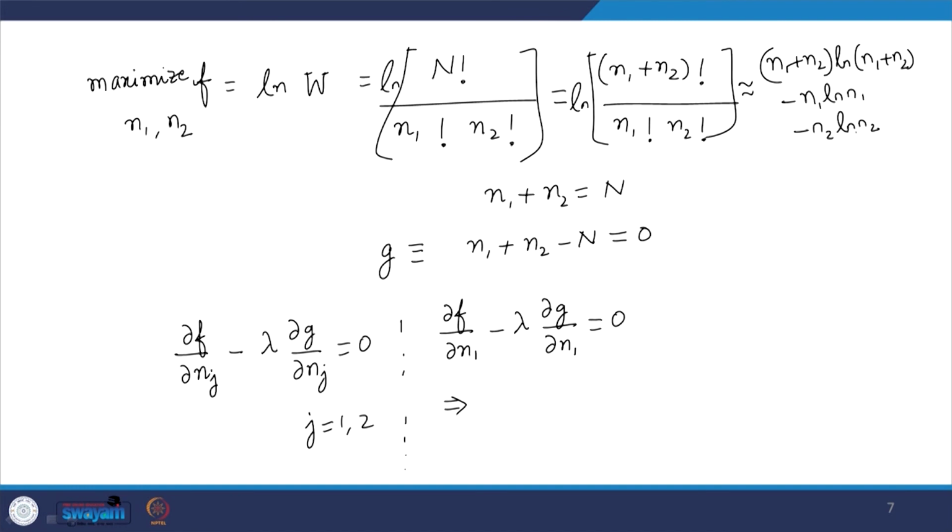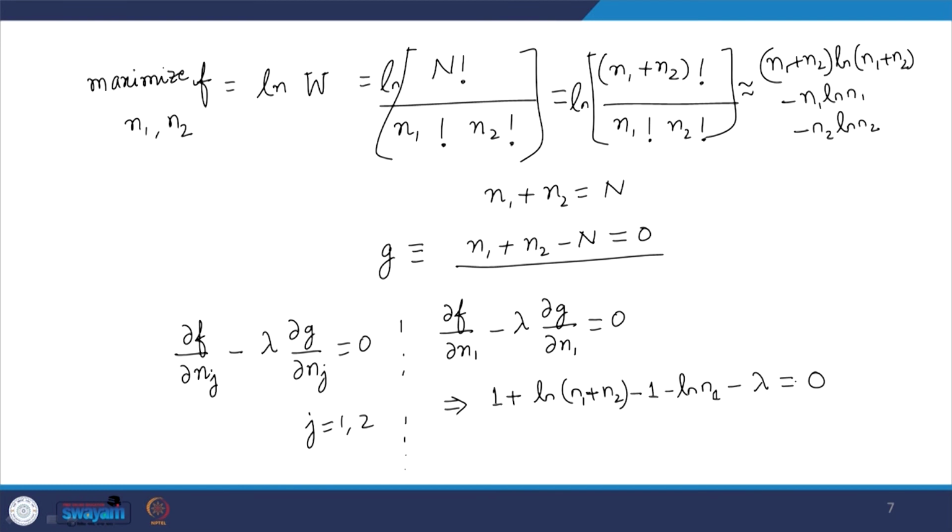Keep in mind that there was one more term there that got cancelled, and then you can do this and you will find that it will be equal to 1 plus ln n1 plus n2 minus 1 minus ln n1, that is my dou f by dou n1, and dou g by dou n1 is simply derivative of this, that is simply 1.